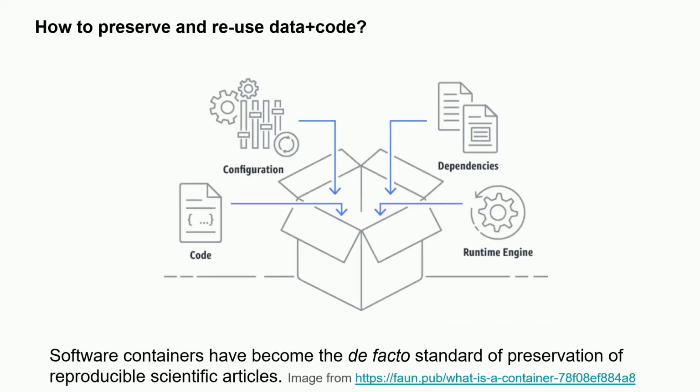Another key development that is really opening possibilities to do reproducible science is containers. It's hard to put a birth date on containers because really containers are an incremental evolution of the Linux kernel. The way containers work is really the way Linux processes work.